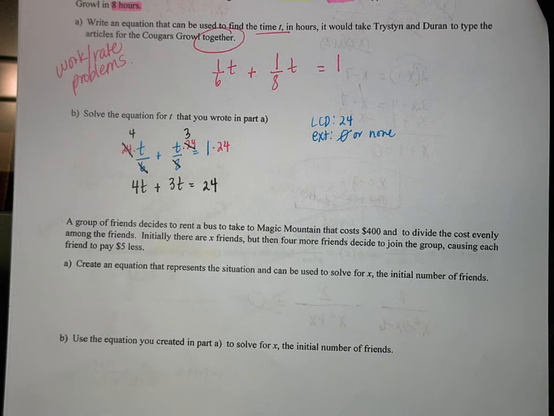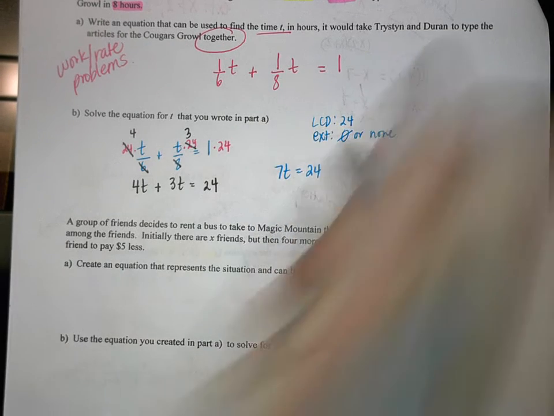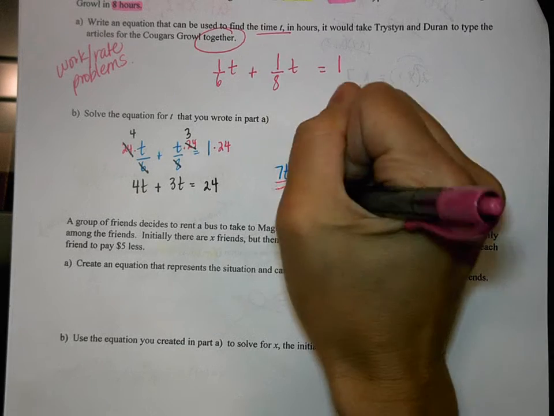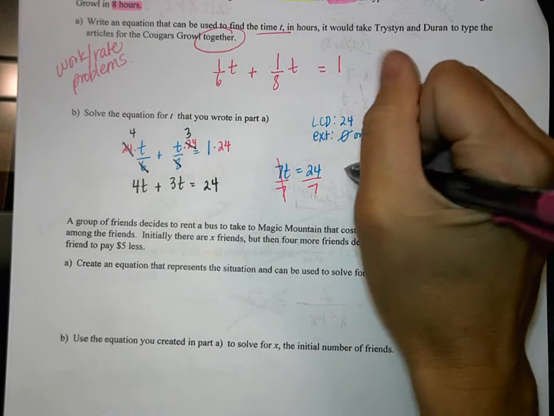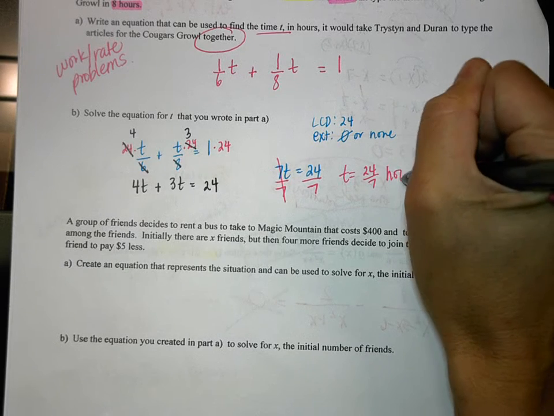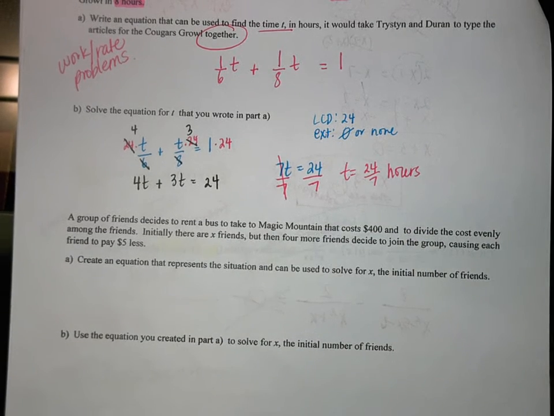So we get 7t equals 24, and the last thing we will do is divide by 7. So the time it takes is 24/7 hours. Now, do you normally say time like that, 24/7 hours? No. So what do you think we should actually do?